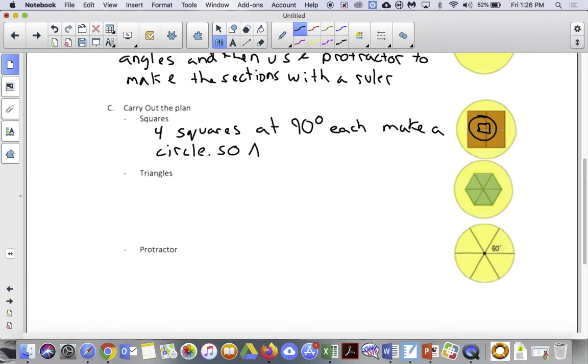So a circle is 4 times 90, which is 360 degrees. However, I know I cannot use squares because I need 6, but I only have 4, so it will not work. So then I decided to try a triangle.